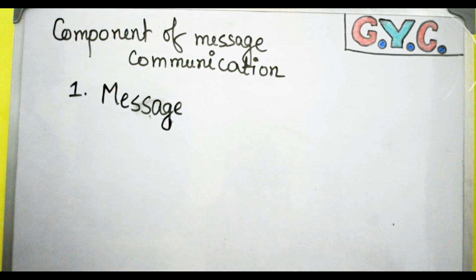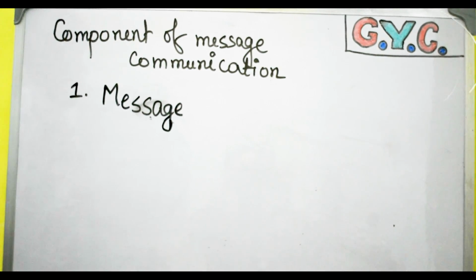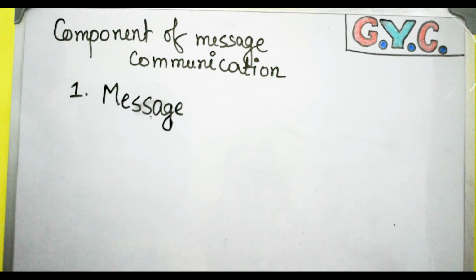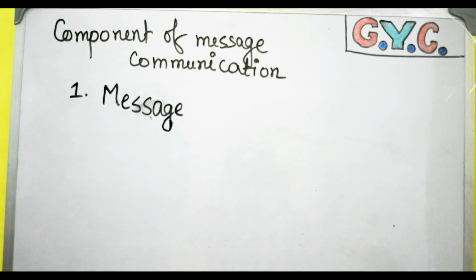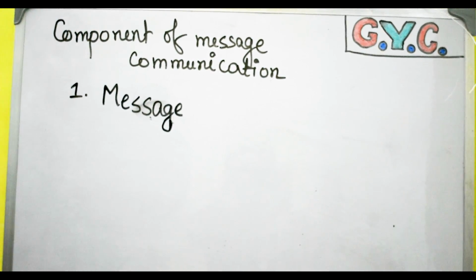Then why should you communicate with your friend if you don't have anything meaningful to say? If you want to communicate with your friend, you need to share something with him, which is considered a message in the components of message communication.